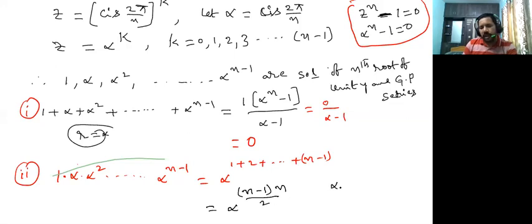We know that alpha, what is alpha? Alpha is cis 2k pi by n. Sorry, not 2k pi.